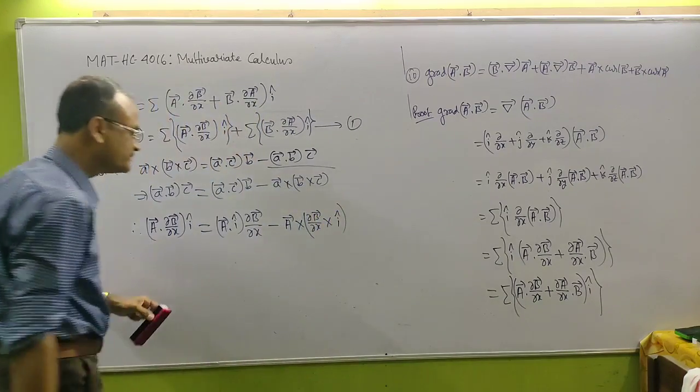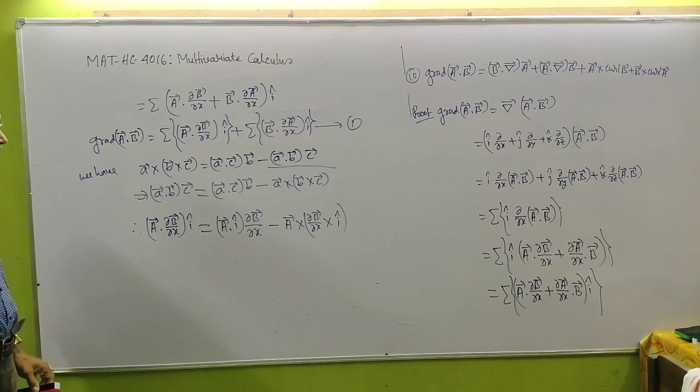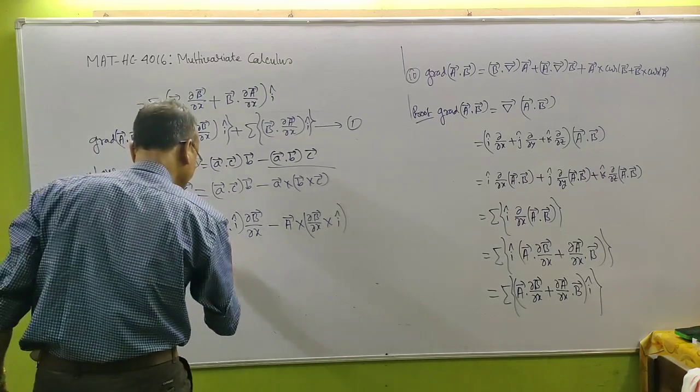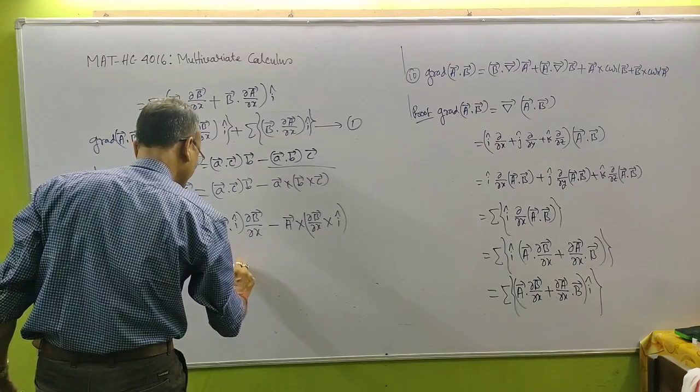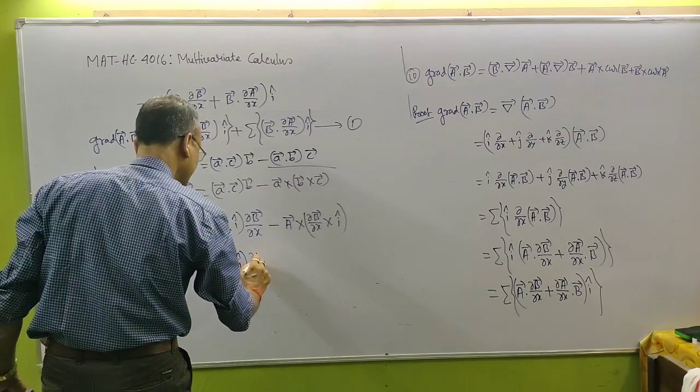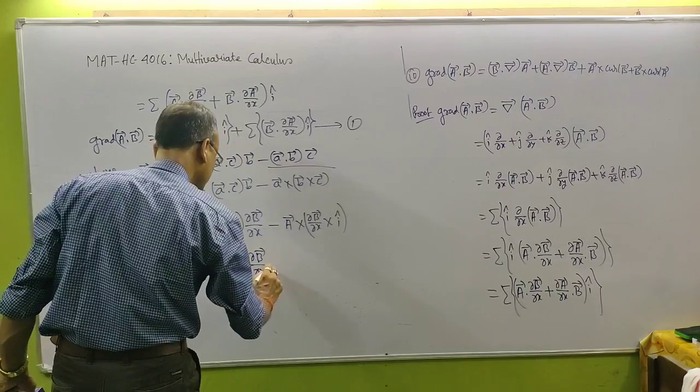You may write like this. This is equal to A dot i del B by del x.